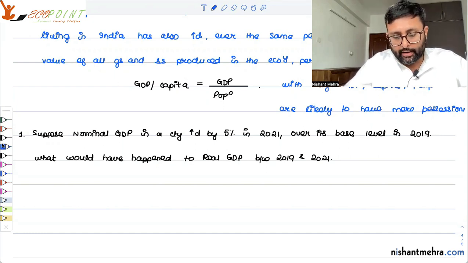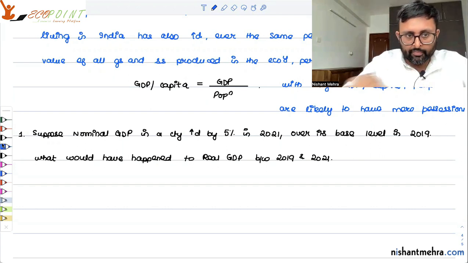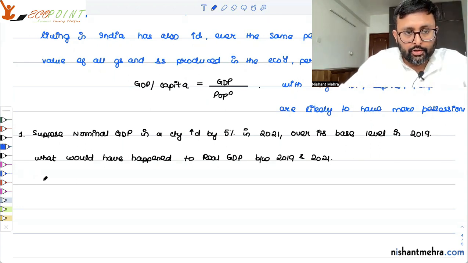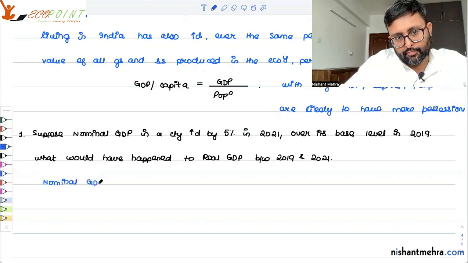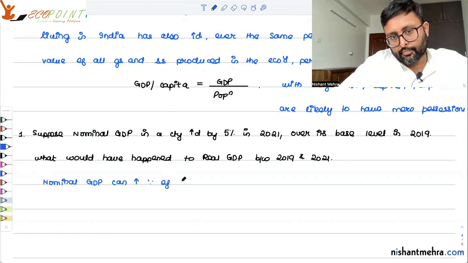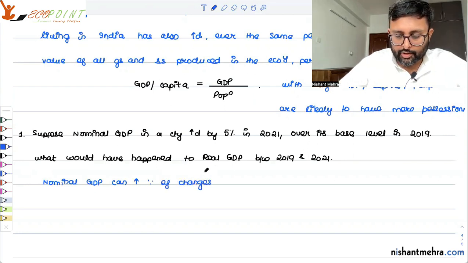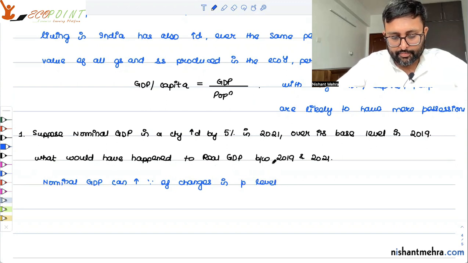We don't know what has happened to the real GDP without more information. So nominal GDP can increase because of changes in price level.